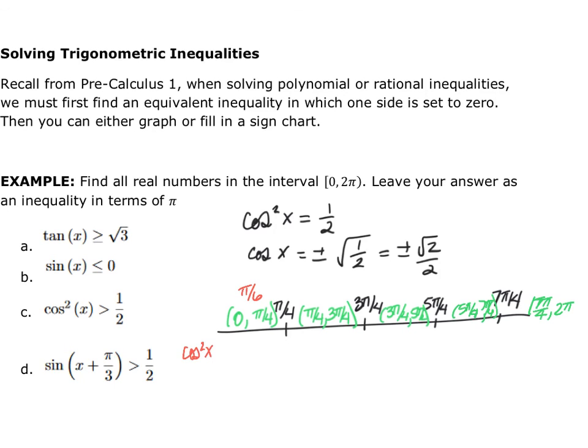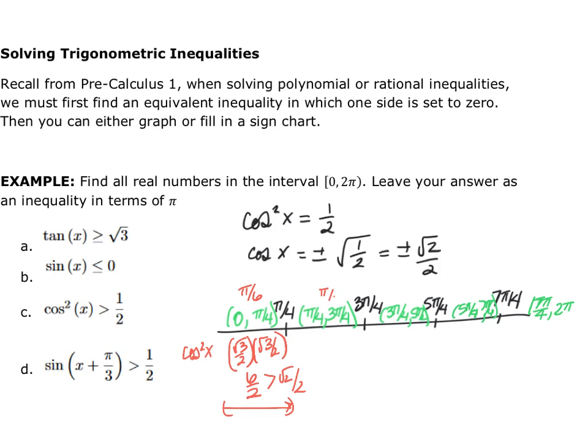If I choose pi over 6, the cosine of pi over 6 is the square root of 3 over 2 multiplied by the square root of 3 over 2, which gives me 3 over 4, which is larger than the square root of 2 over 2. So I know that this interval between 0 and pi over 4 is going to be part of the solution.